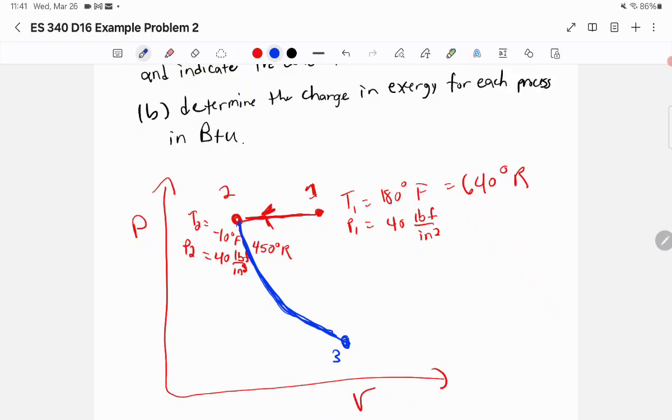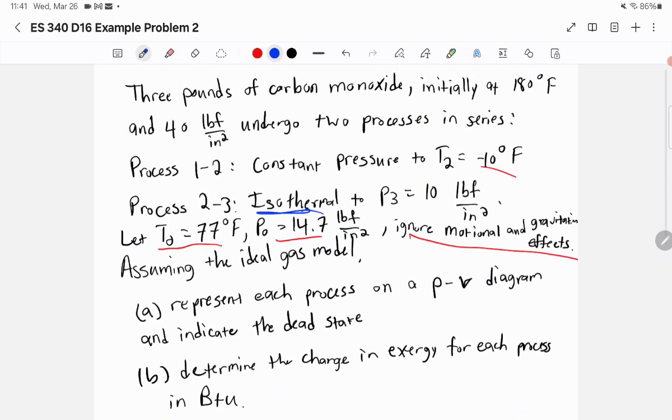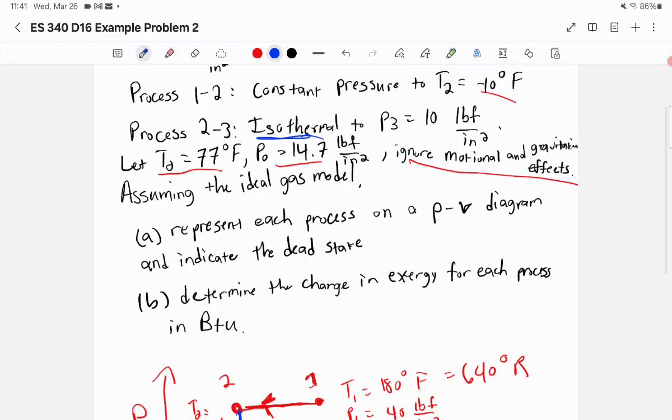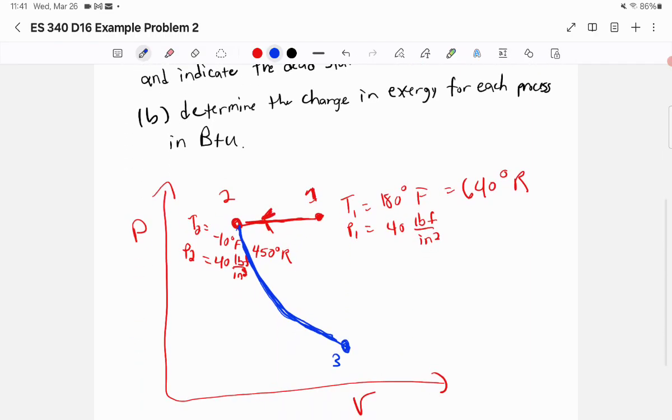And state 3, we were given that the pressure is 10 pound-force per inch squared. But the temperature obviously is the same. So T3 has to be equal to 450 degrees Rankine because it was isothermal, going from 2 to 3.